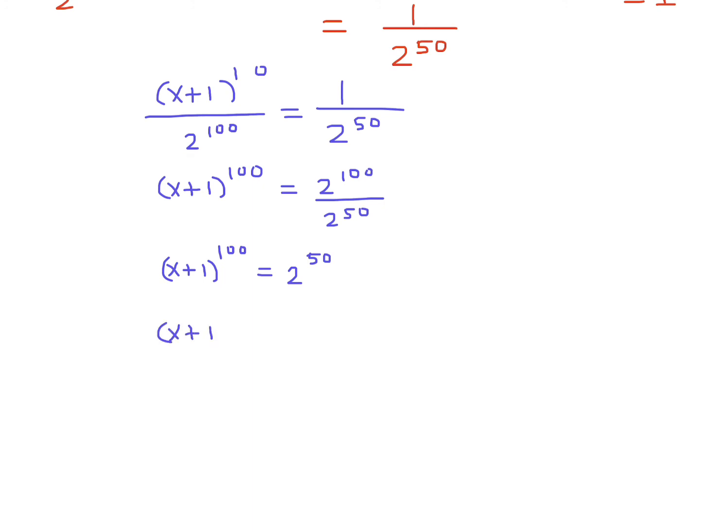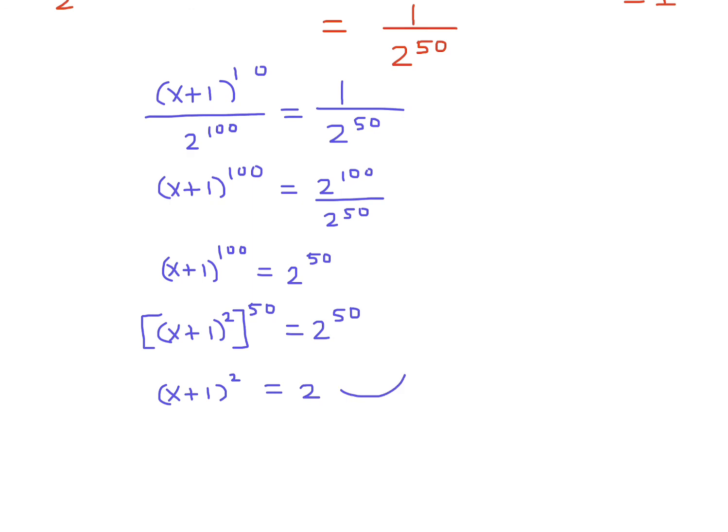Then I'll put this in terms of (x plus 1) squared, all to the 50, making the exponents the same. That's perfectly allowable. And since the exponents are the same, I can just concentrate on the base. The bases are (x plus 1) squared on that side and 2 on that side.